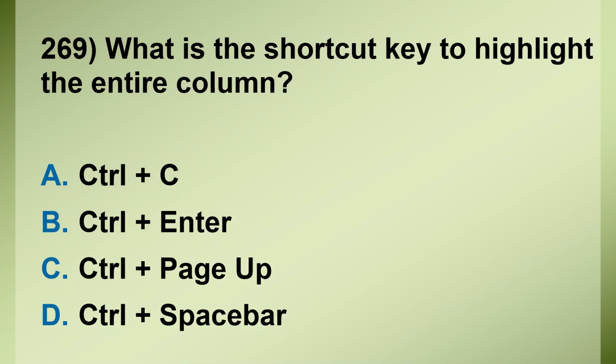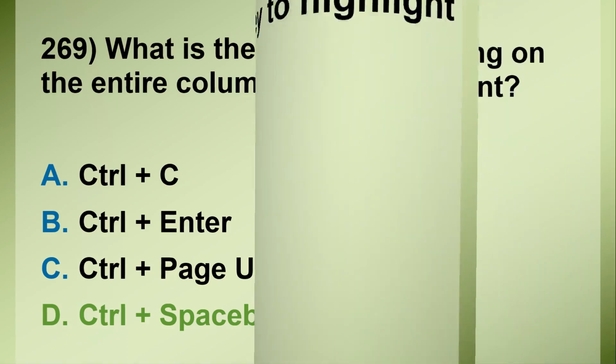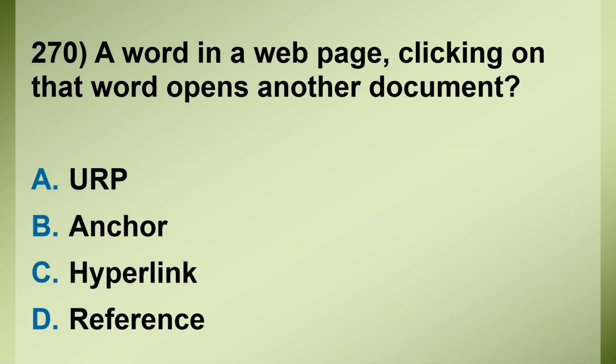What is the shortcut key to highlight the entire column? That is Ctrl plus spacebar. A word in a web page, clicking on that word opens another document. That is hyperlink.